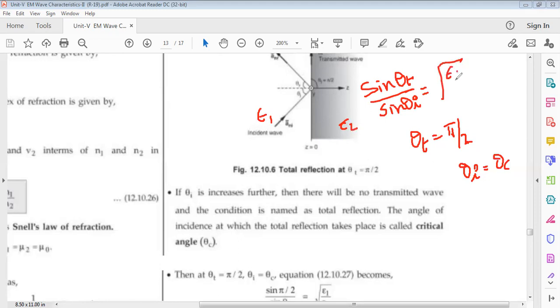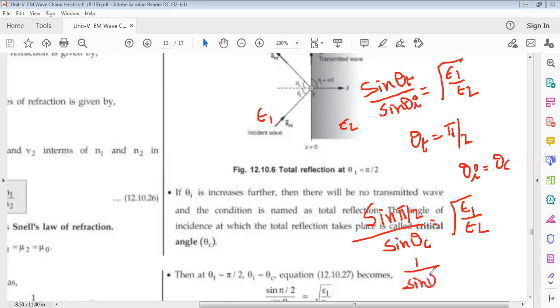Sine theta T is sine pi by 2, which is 1. So 1 by sine theta C is equal to under root of epsilon 1 by epsilon 2. Now, sine theta C, the critical angle, is under root of epsilon 2 by epsilon 1.